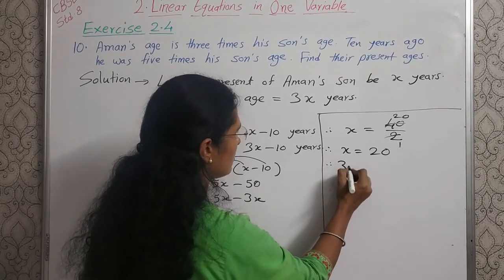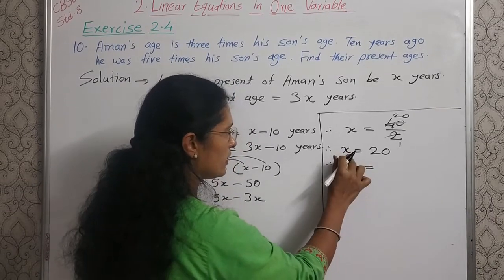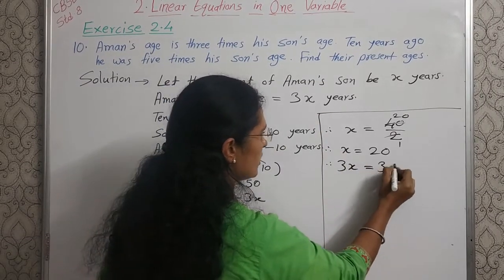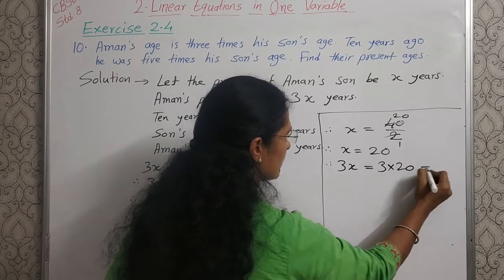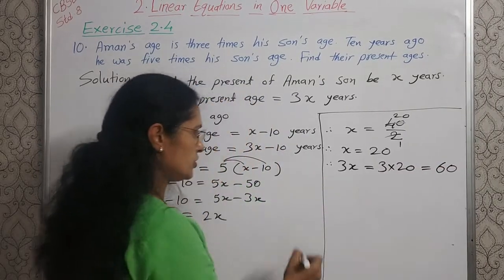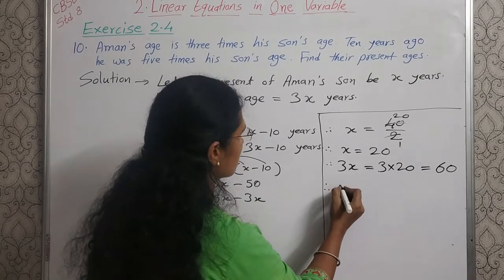So we'll write here 3x. We have the x value, now we'll find the value for 3x. So 3 into 20 is equal to 60. So this is Aman's present age. Now we will write the answer.